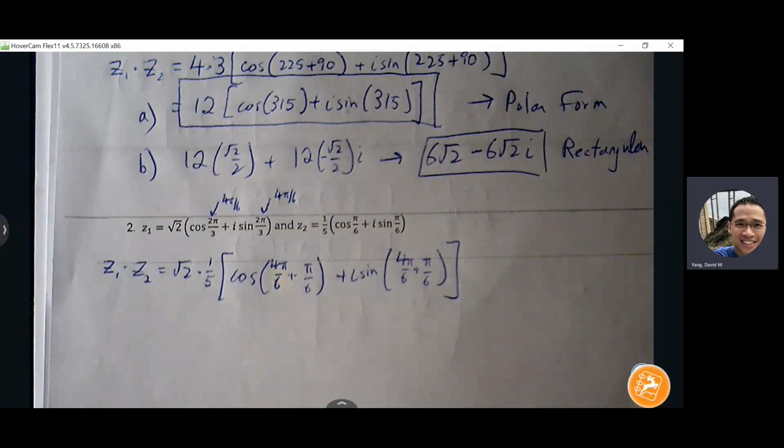So I took advantage of the fact that I can save a step. I replaced 2π/3 as 4π/6, so I can get the common denominator to make it easier for me to add them together.